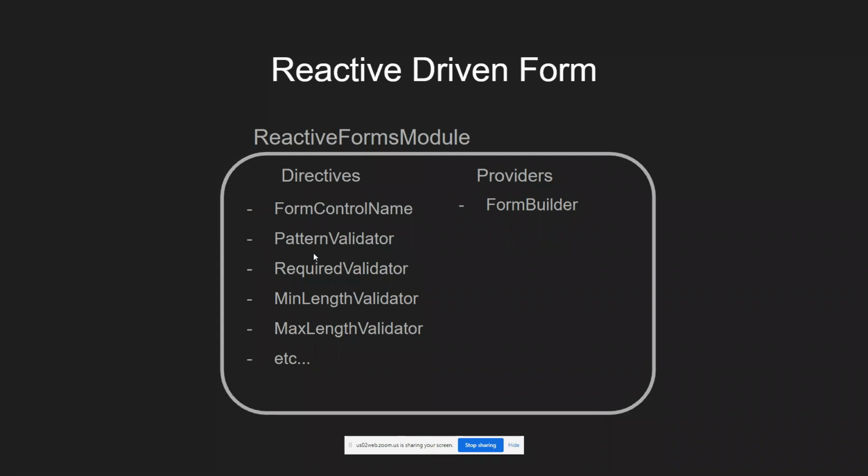And FormBuilder is a provider that gives us syntactic sugar, so we can create reactive forms in a cleaner way. I will show that later. And we have similar validators here.